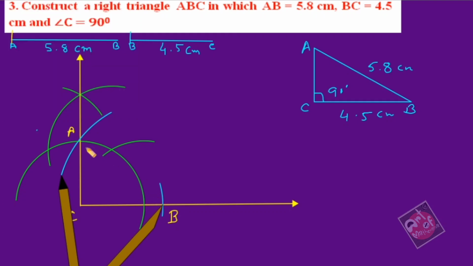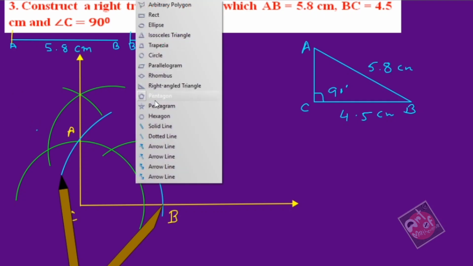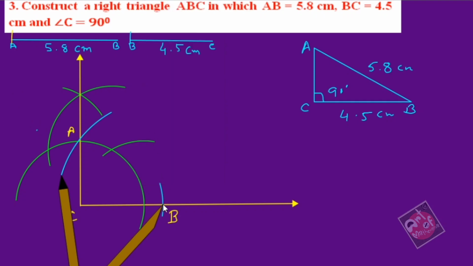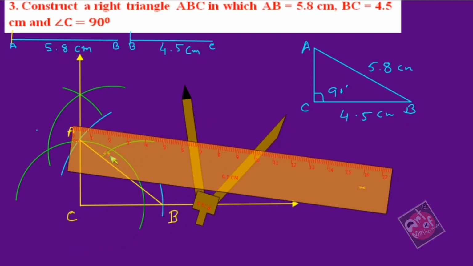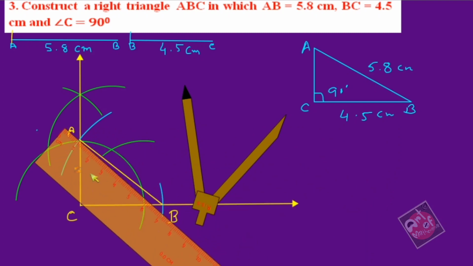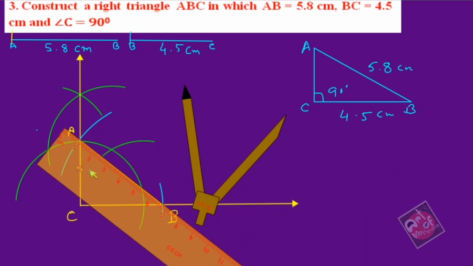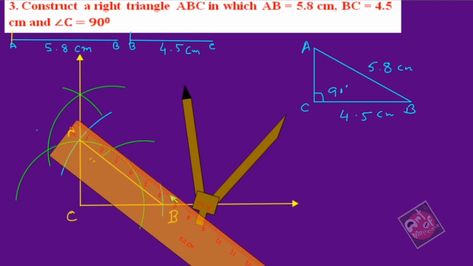Now A and B we have to join. You have to join with the help of a scale, but I have this digital compass, so I can do it directly. But you have to do it by joining, using the scale, putting the scale at the points A and B and joining. I think you all understood.